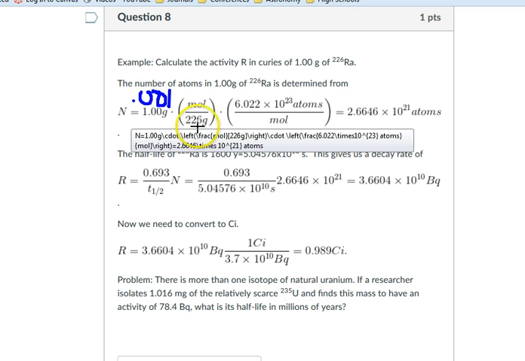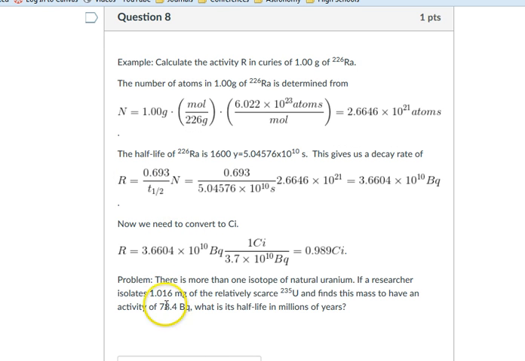It is uranium-235, so we have a mole for every 235 grams, times 6 times 10 to the 23rd, so you can do all this conversion to get the number of uranium atoms that we actually have, right? And we know the activity. The activity is 78.4 becquerel.